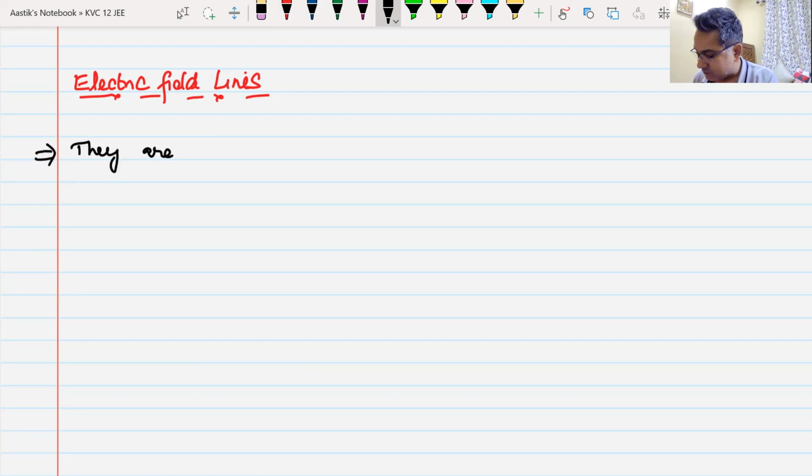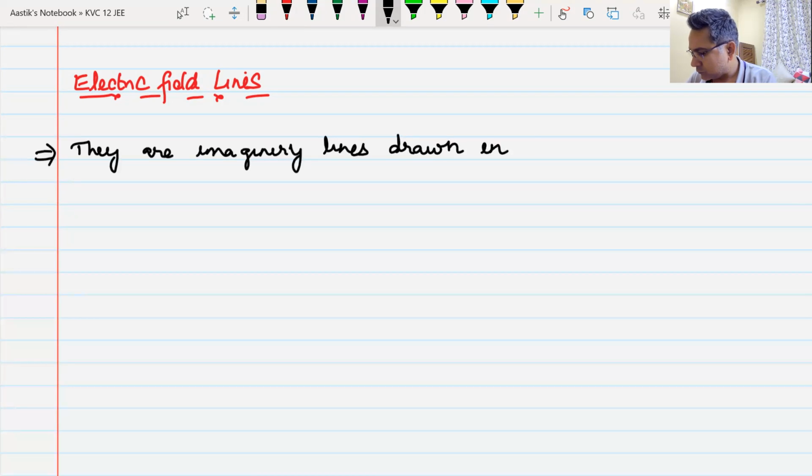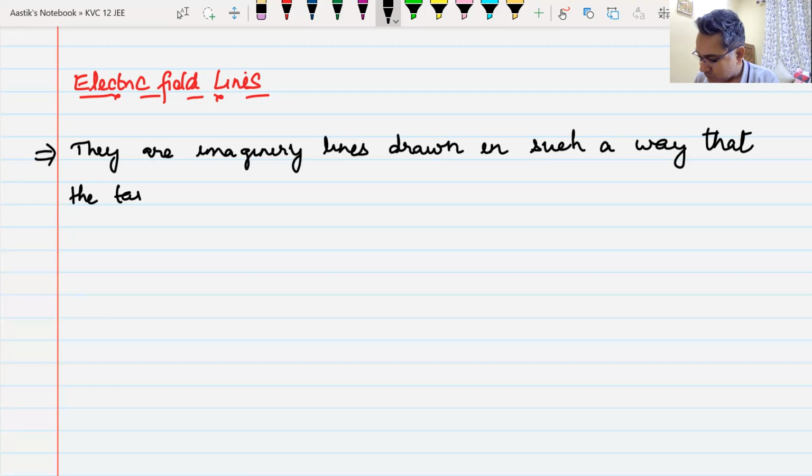They are imaginary lines drawn in such a way that the tangent drawn at any point gives us what?